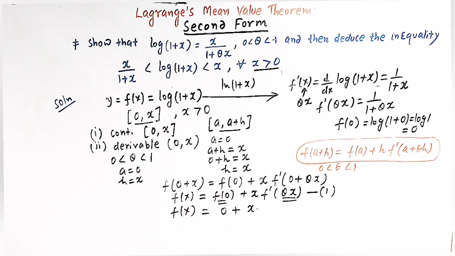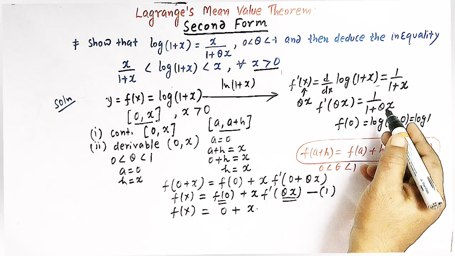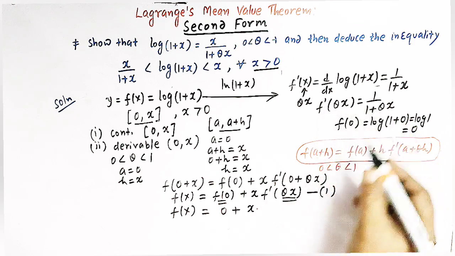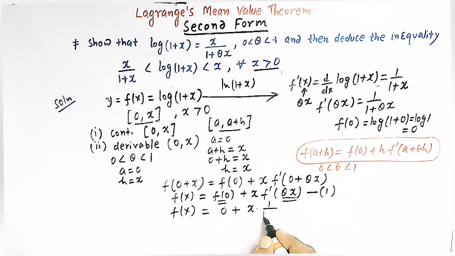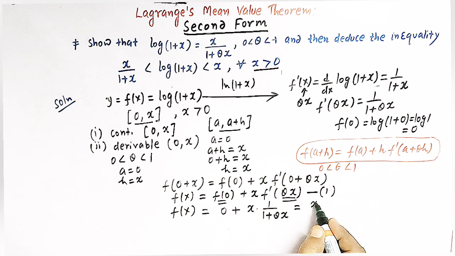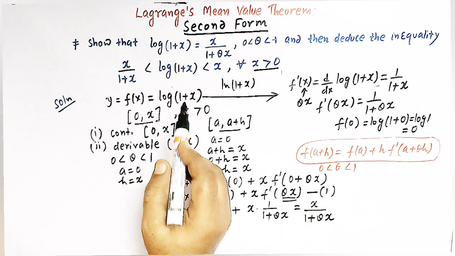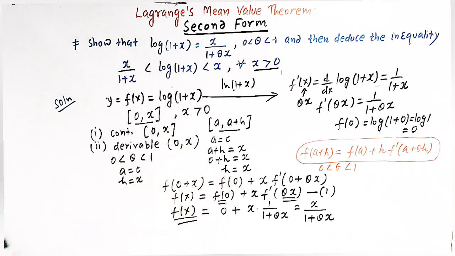Then we have x times f prime of theta x, and f prime of theta x is 1 over 1 plus theta x. So this is now simply x over 1 plus theta x. So f of x is equal to x over 1 plus theta x, and f of x is given by log of 1 plus x.